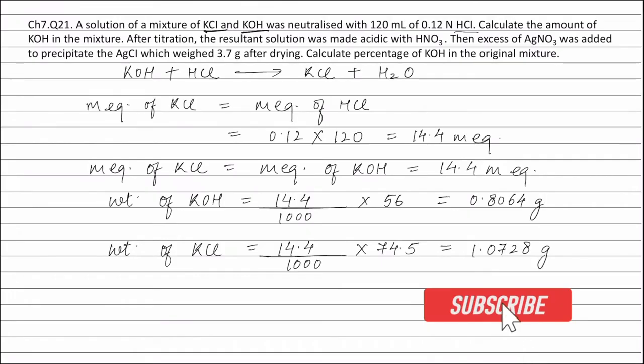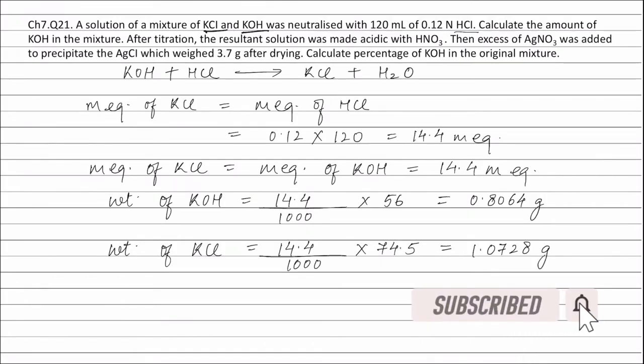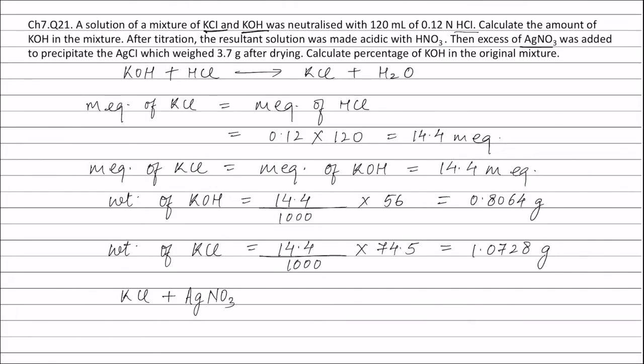Now when excess of AgNO3 was added, the AgNO3 reacts with KCl to form AgCl. The reaction will be KCl plus AgNO3 forming AgCl plus KNO3.